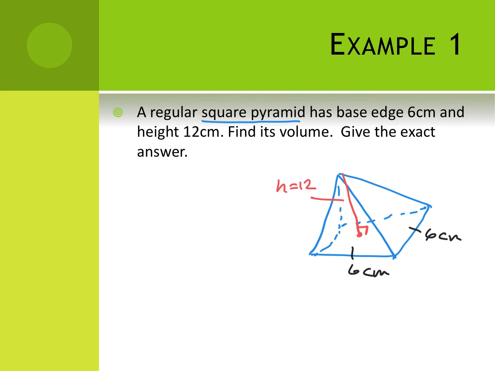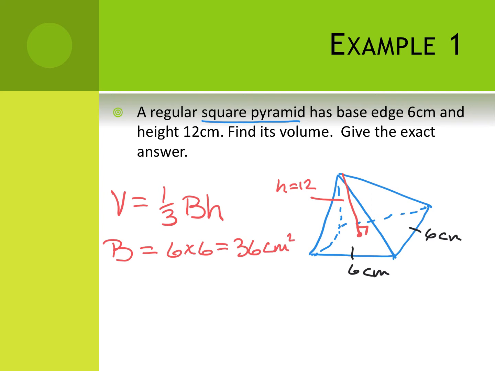So I'm going to write down my volume formula. Remember, it's 1/3 area of the base times the height. My base area is a square, so I'm just going to do 6 times 6, and it's 36 centimeters squared.